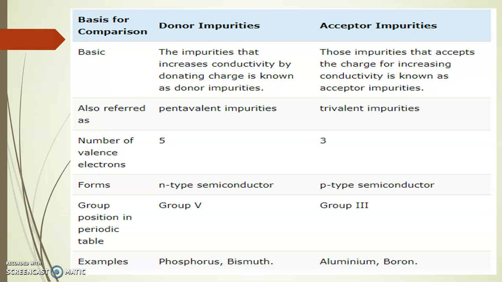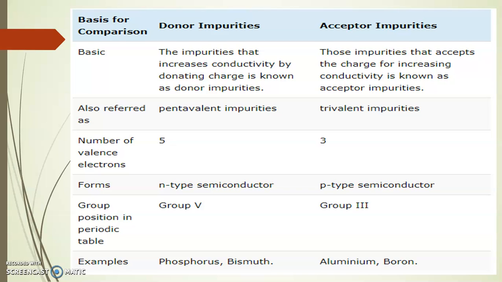So what is exactly this? The number of valence electrons in the outermost orbit of the atom is 5, so it is known as a pentavalent impurity. And the trivalent impurity has 3 valence electrons in the outermost orbit. The pentavalent impurities form N-type semiconductor, and the trivalent impurities form P-type semiconductor.